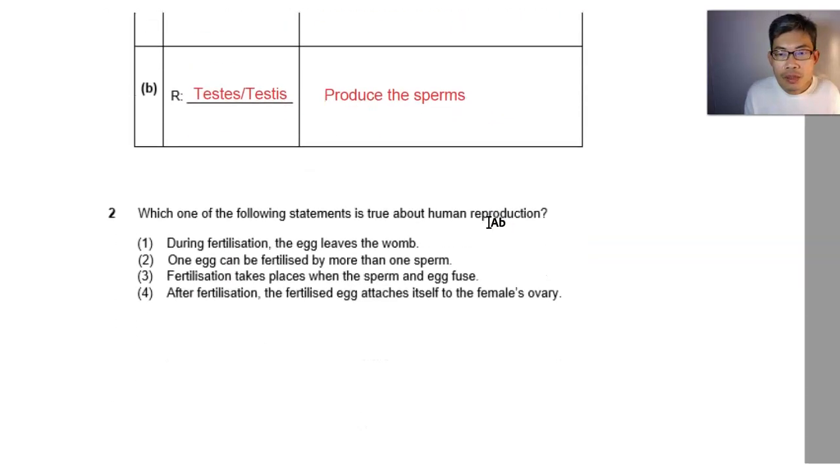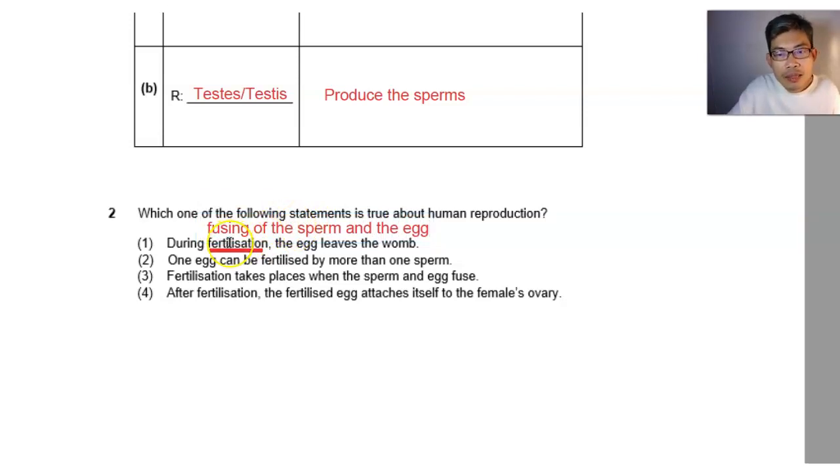And let's go on. Which of the following statements is true about human reproduction? During fertilization, the egg leaves the womb. Now, be very careful here. Fertilization in terms of human reproduction refers to the fusing of the sperm and the egg, meaning one sperm and the egg.